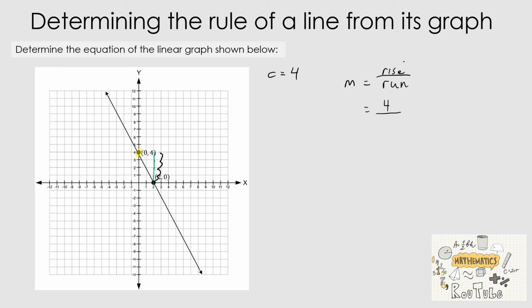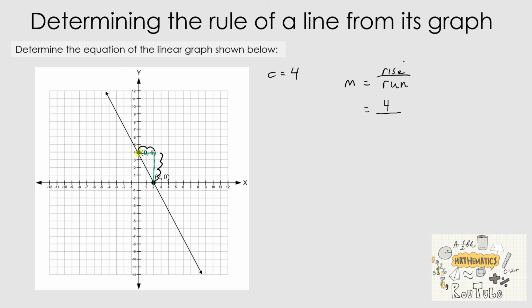Now, from that point where we stopped, how many places do we need to go to the left? We need to go once and twice. But because we went to the left, we're going from positive 2 to 0, so our values are decreasing.